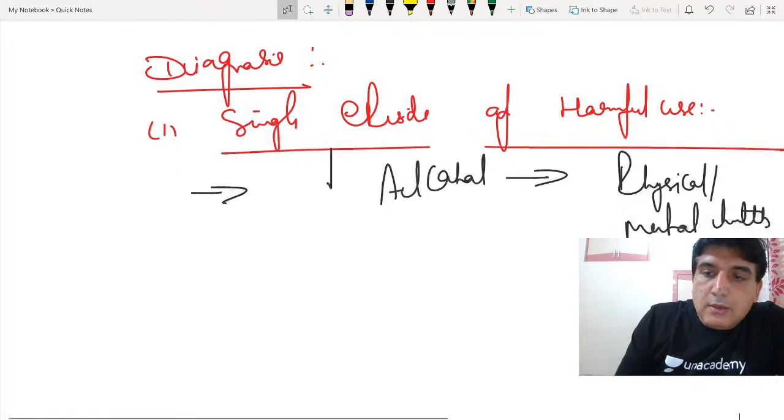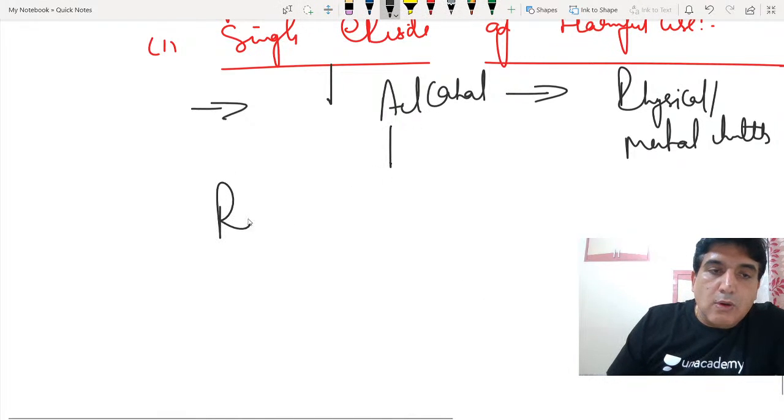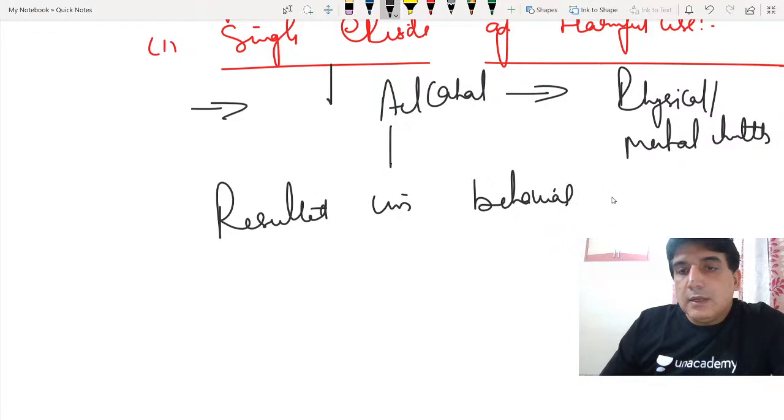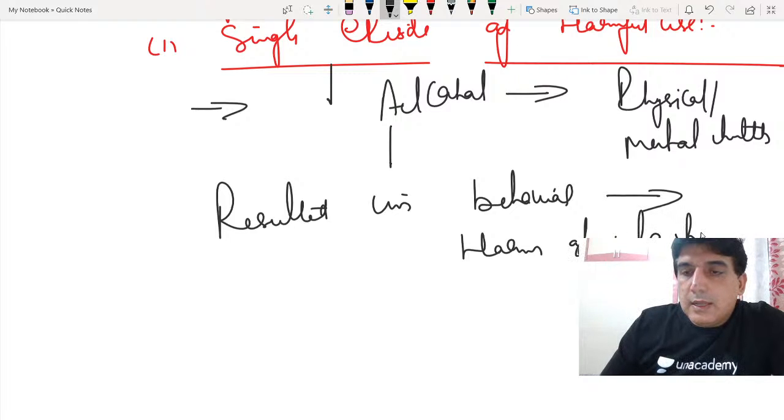An important line has also been added here: or resulting in behavior which leads to harm to the health of others.